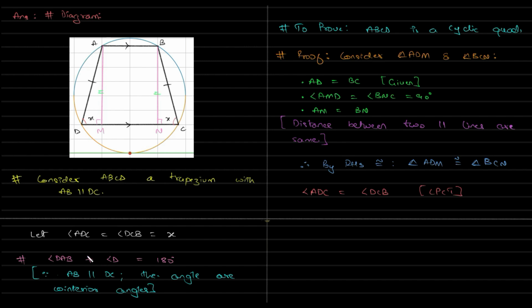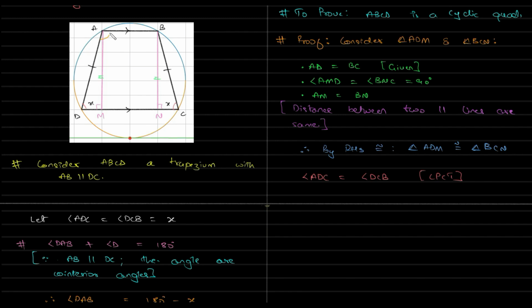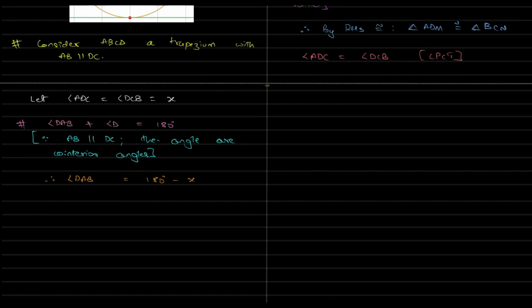So angle D is x and therefore angle DAB is equal to 180 degrees minus x. And what do you think the other one will be? That will also be 180 degrees minus x.